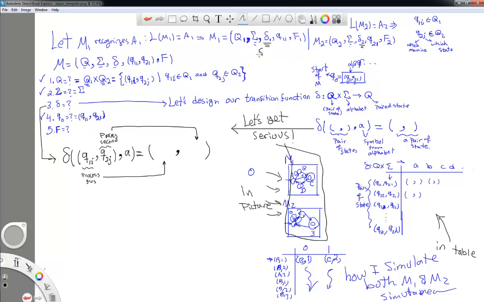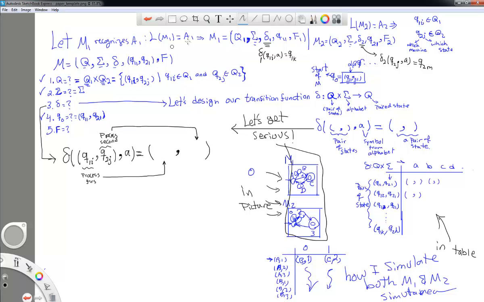I know that the delta 1 of, let's say, Q1J and A goes to some Q1K. And from the delta here, I also know that the delta sub 2 of Q2J over that element, because I already have that, goes to some Q2M.